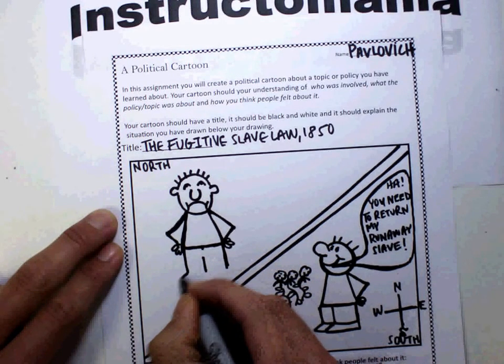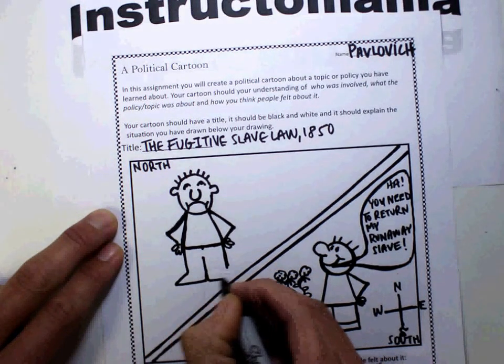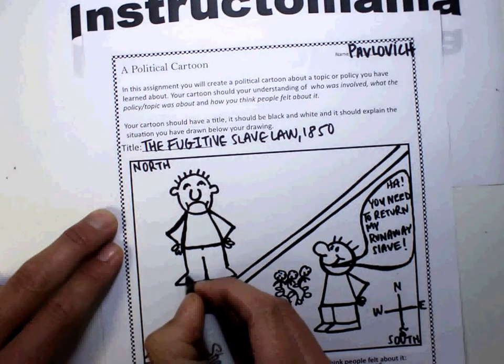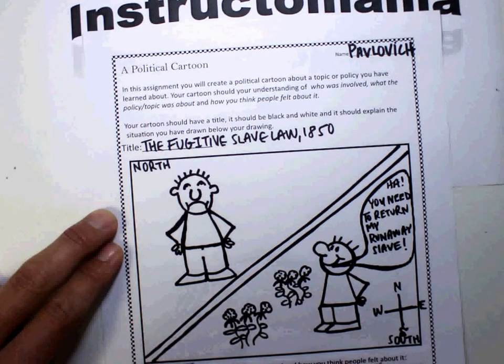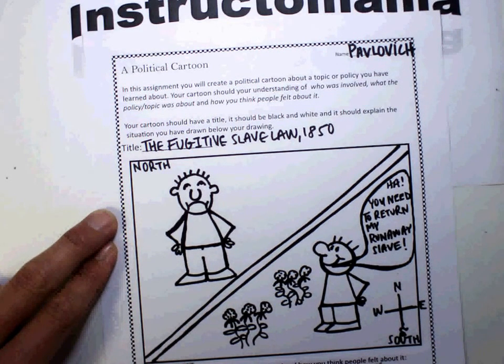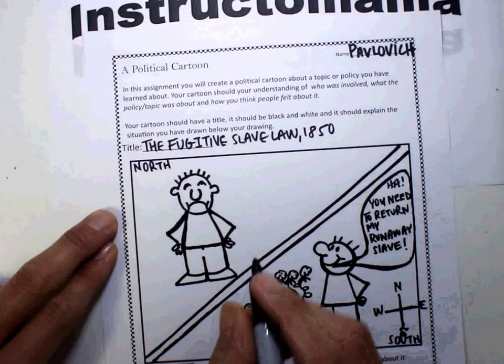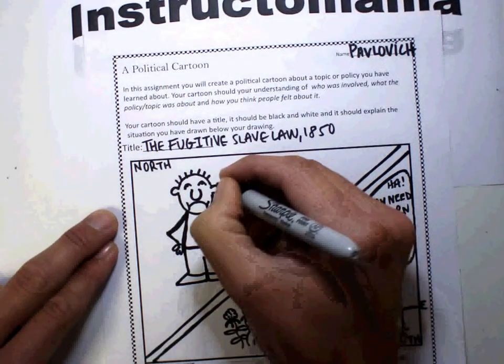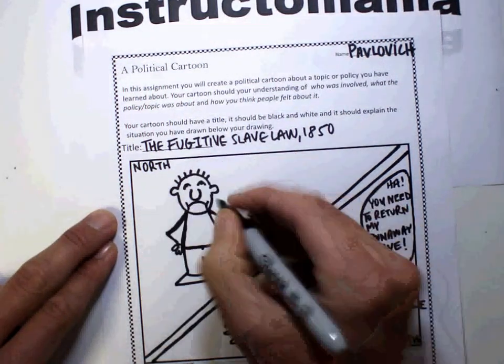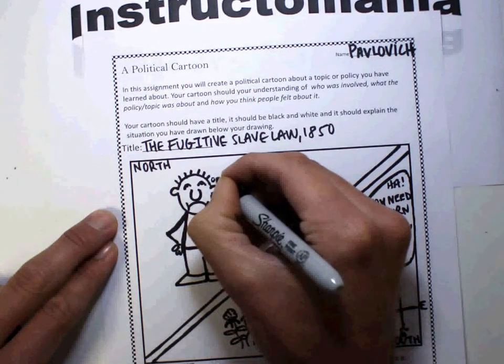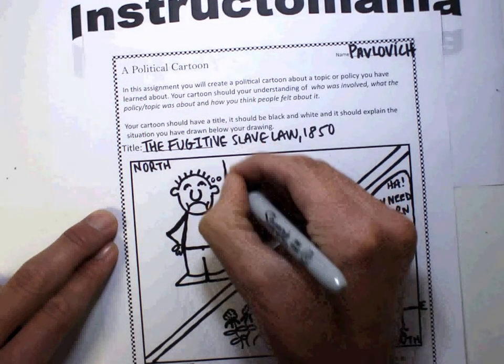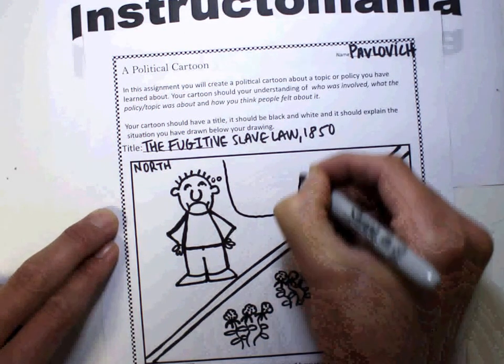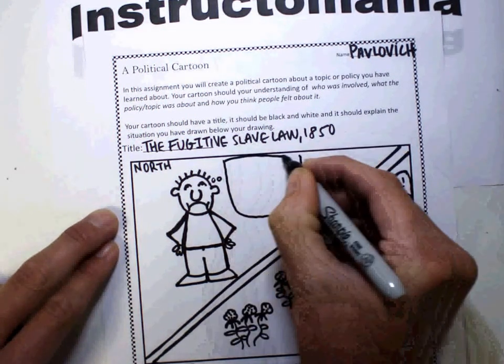That's 3 lines coming down. 3 lines coming down here. And there we go. There we go. They got our southerner. Excuse me, northerner. He's a northerner.